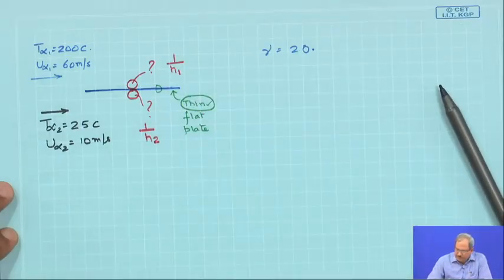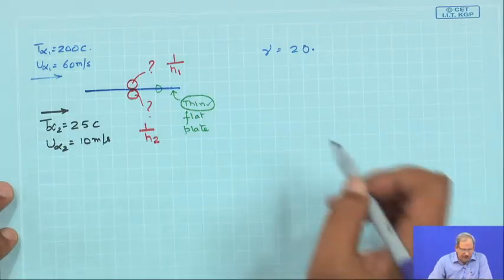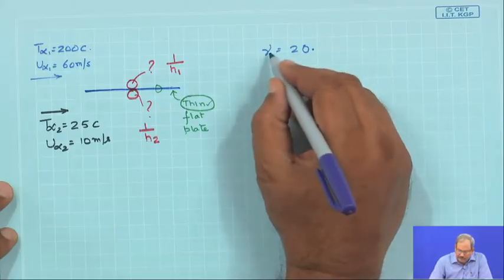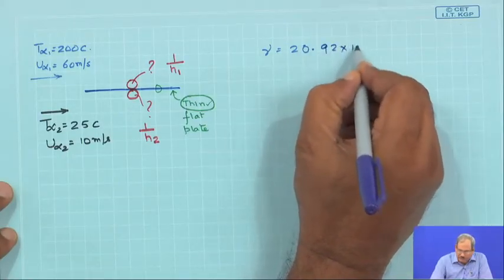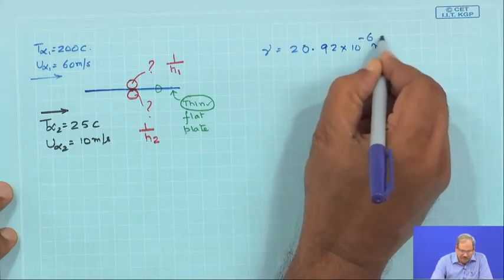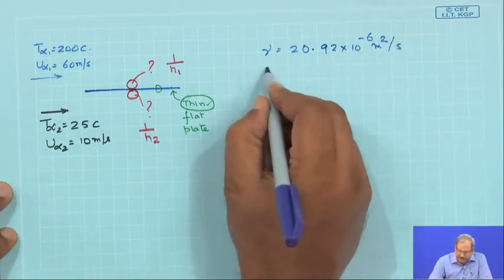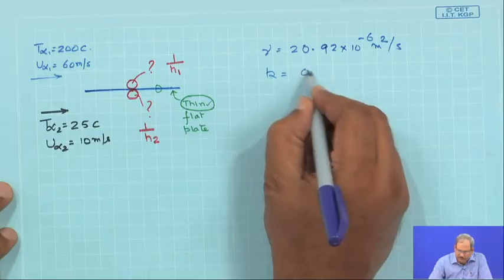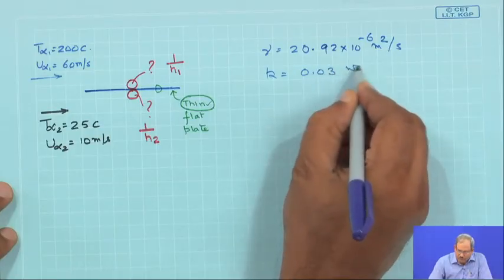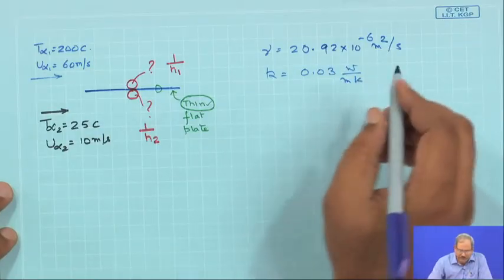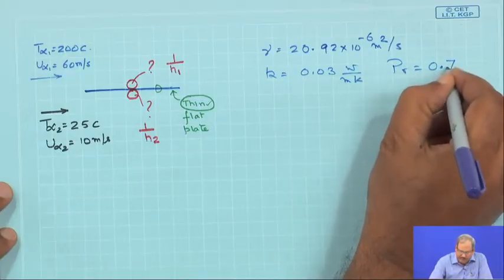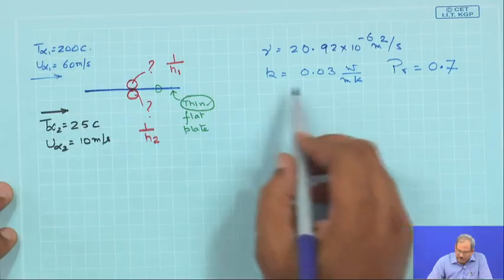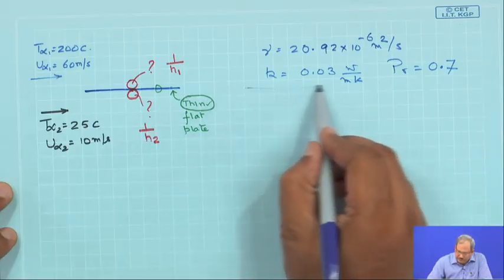And some of the properties of the air which is flowing are given: the kinematic viscosity is 20.92 into 10 to the power minus 6 meter square per second. The thermal conductivity of air is 0.03 watt per meter Kelvin, and the Prandtl number for air, for both the cases, can be assumed to be 0.7.